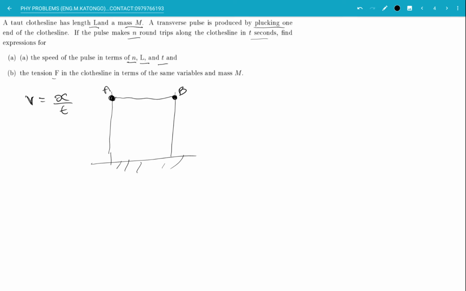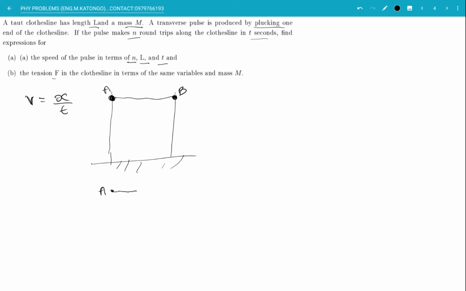Remember, a pulse is a single event and it is non-periodic. Hence, we do not expect a back and forth movement of this basic pulse, but rather it will only occur as a single event. Imagine we pluck an end of the clothesline, let's say at point A, and there's a disturbance which is being formed.